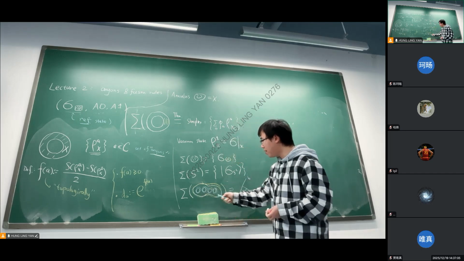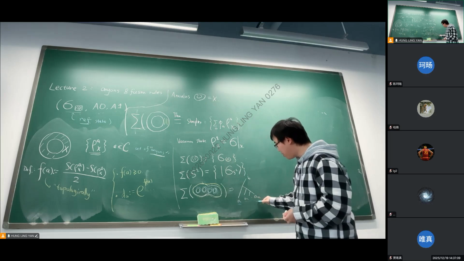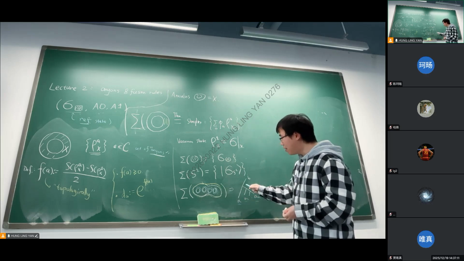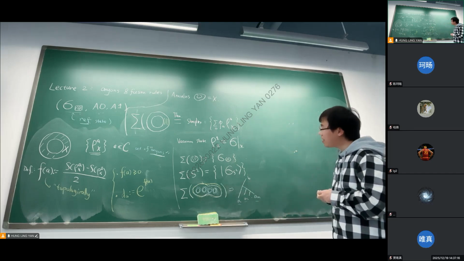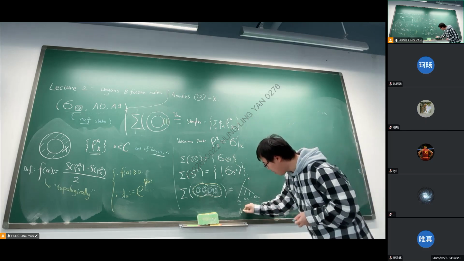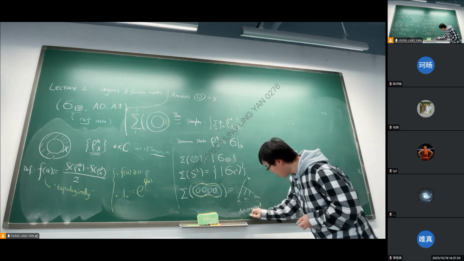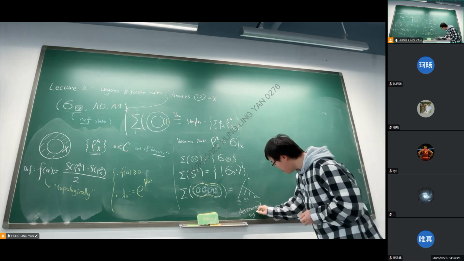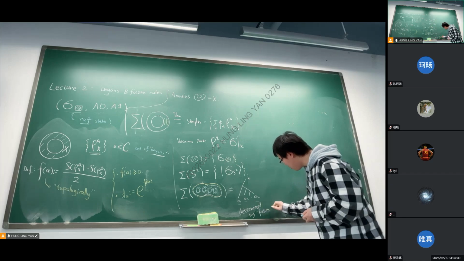So the inner annuli can be labeled by some string points, A1, A2, and so on. And the one on the outer boundary has some label. It's determined by the fusion rule.